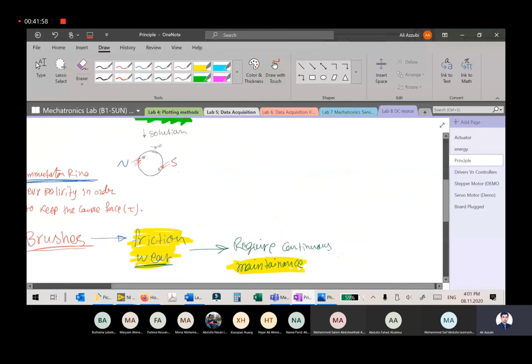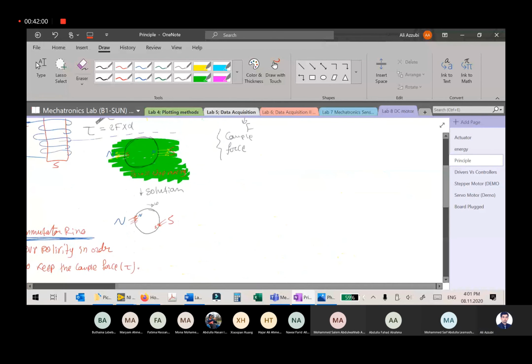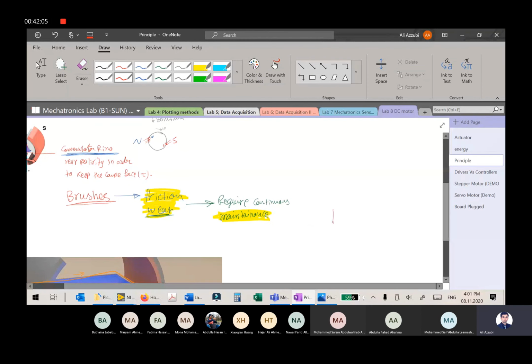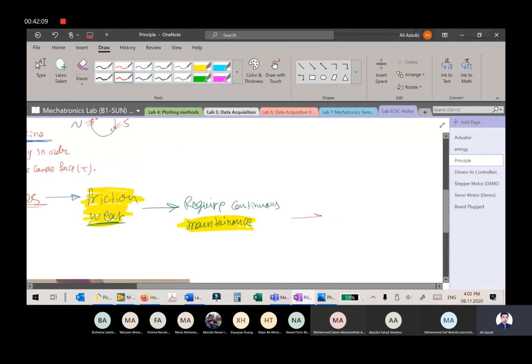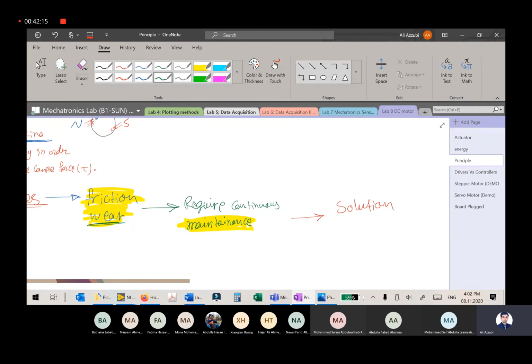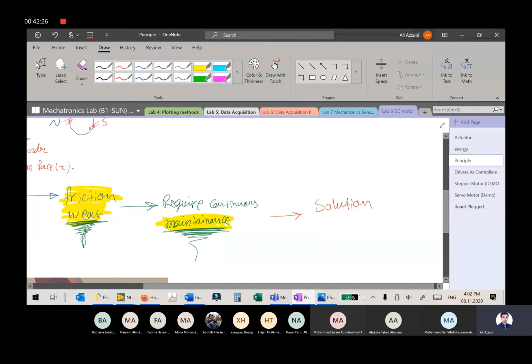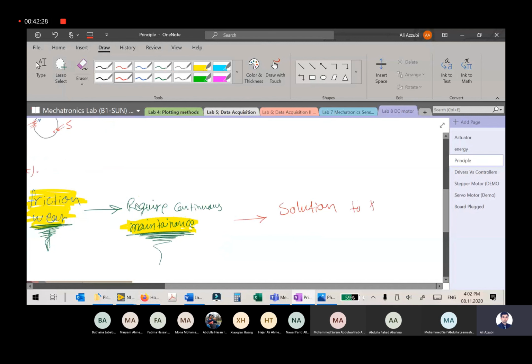This is the principle of brushless, the solution of these problems: the continuous required maintenance and the friction and wear. This will consume energy and reduce the efficiency of the motor. They have used a solution to that, which is the brushless.